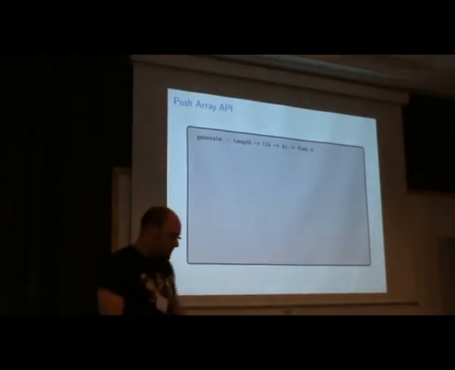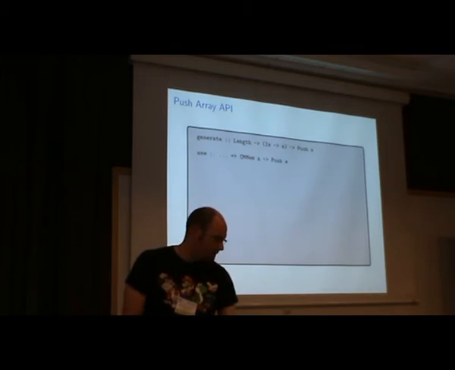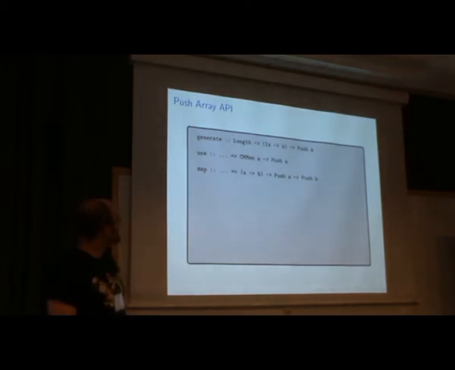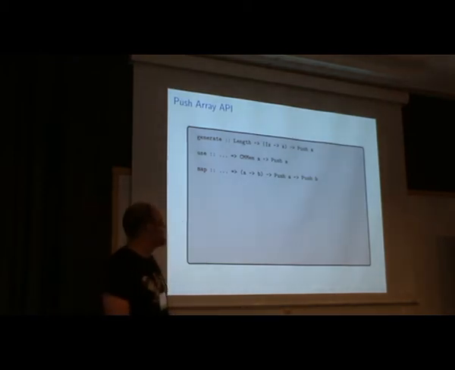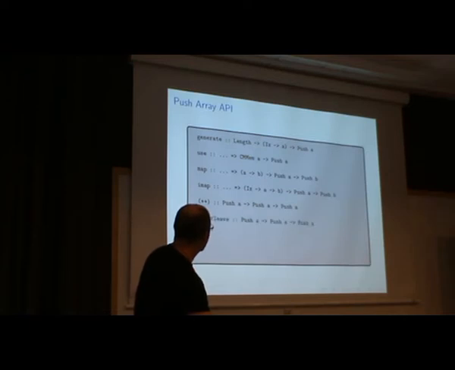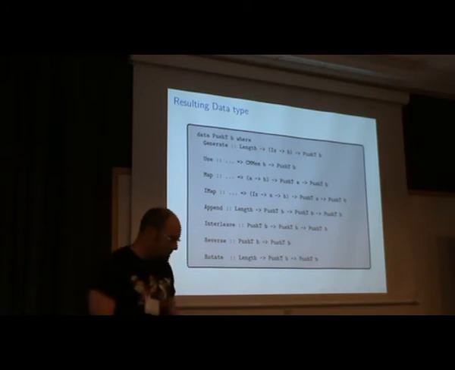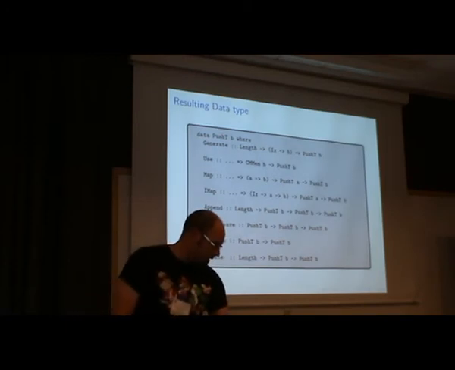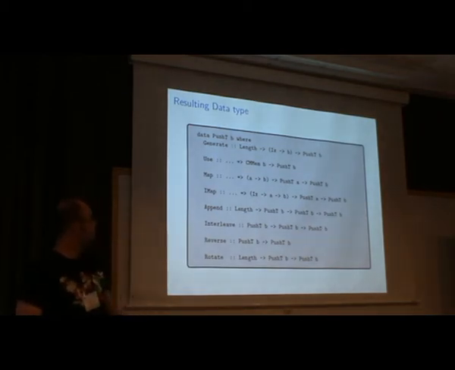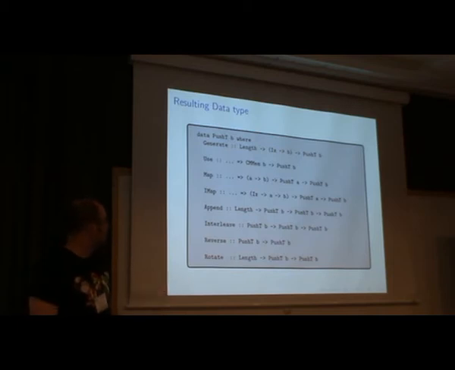We do that for a small push array API with a number of functions. Generate, use, map. Use takes some kind of lower level representation of an array in memory. IMAP, concatenation, interleaving, reverse, rotate. And the result after applying the same process to each of those functions is a data type, one constructor for each of them.